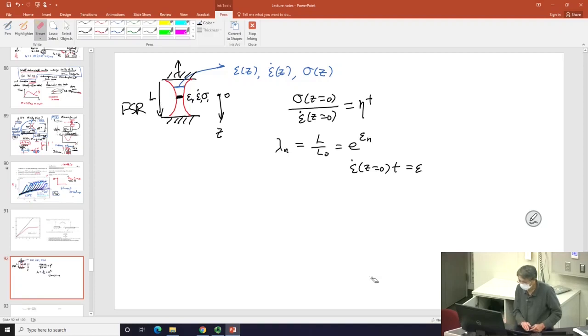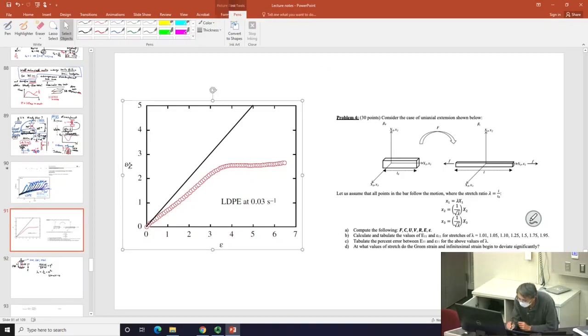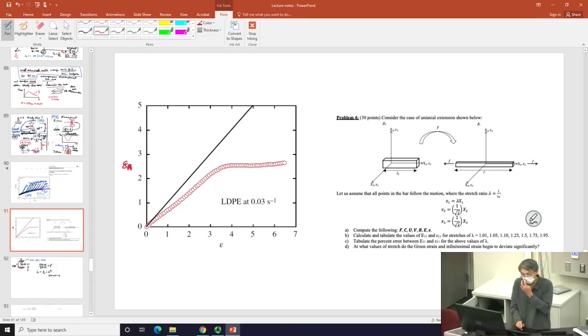How different? This page shows how different it is. In the book, I call it Z. I don't know why. But basically, this is the nominal strain. And this is the strain at the middle.